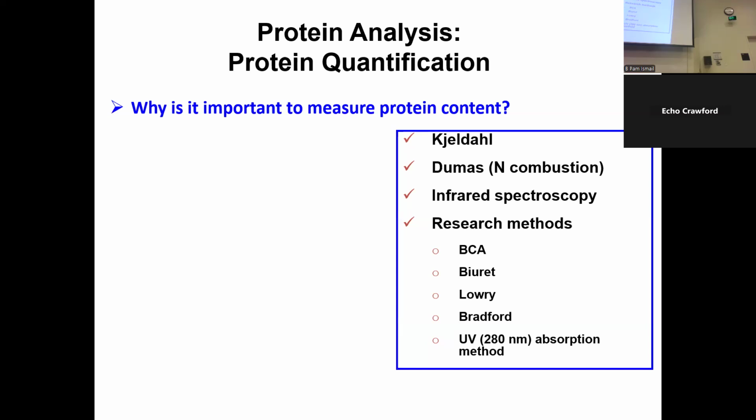The others, Biuret and Lowry, are different versions of assays that are also based on reducing power. So these are the methods, but why do we care about measuring protein content? Can you give me an example where measuring protein content is important?